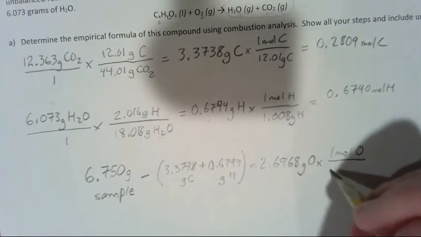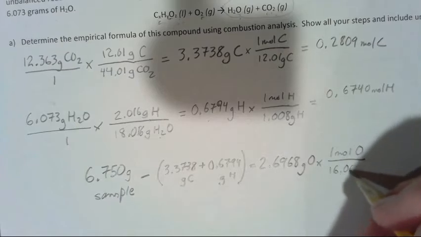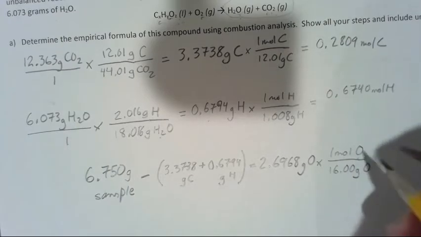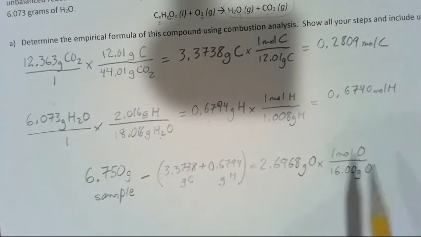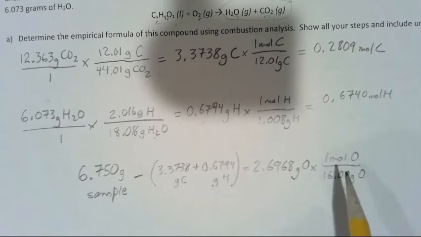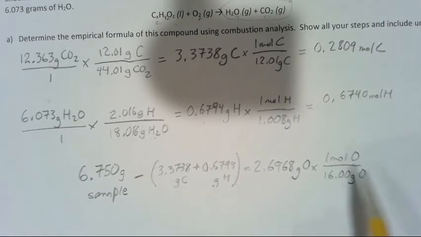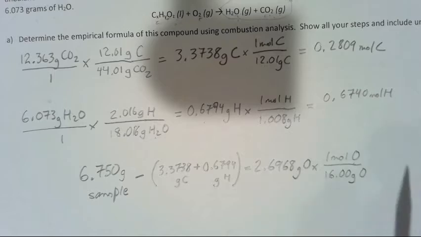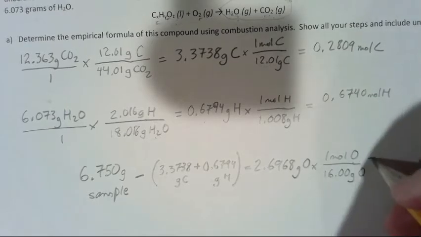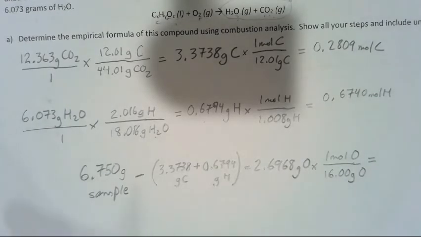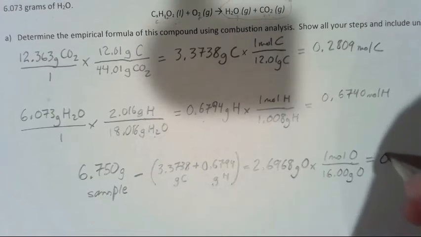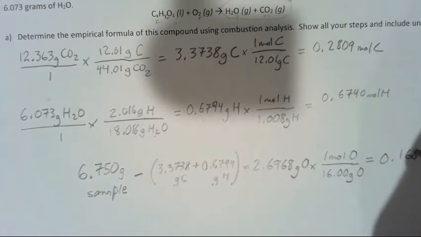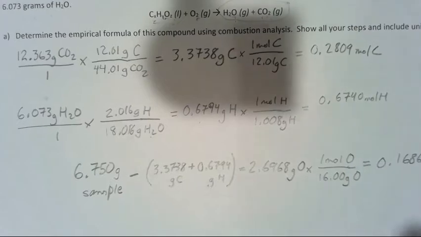We're using 1 mole of O equals 16.00 grams of O. Because again, these oxygens in this compound, if there's more than one of them, they're not going to be connected to each other. They're going to be bonded to the carbons and or the hydrogens. So if we do that, we get 0.1686 moles of oxygen.